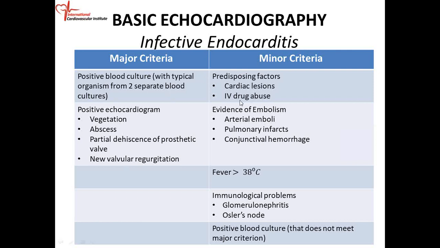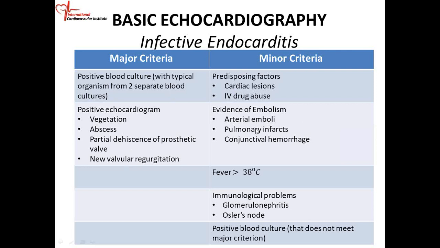So other minor criteria, evidence of embolism, because remember these infected material can break off and travel distally to obstruct distal blood vessels. You can get a CVA, gangrene of the limbs, the bowel, stuff like that. So if you have evidence of arterial embolization, that is also a minor criteria.